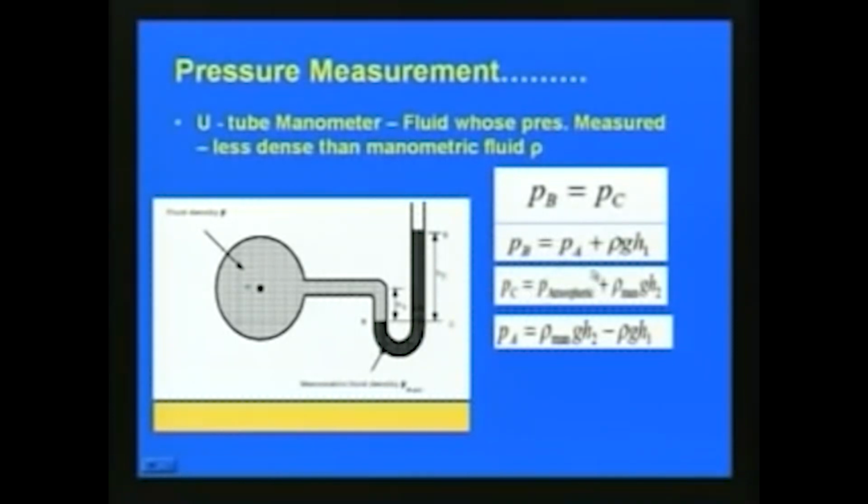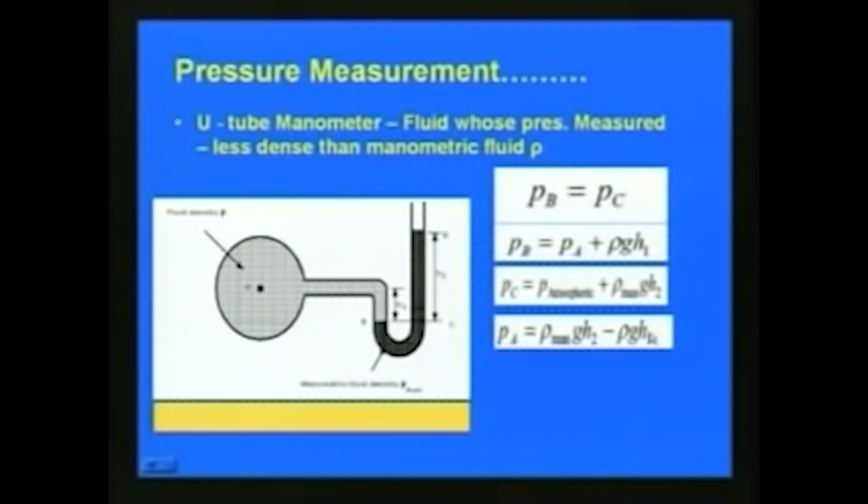If we assume P atmospheric is equal to 0, then we get the pressure equal to the density of the manometer liquid multiplied by g, the acceleration due to gravity, and this depth H2 which we measured, minus rho, the density of the fluid in the pipe, into g multiplied by this depth H1. So, this gives the pressure at point A: Pa is equal to rho manometer g H2 minus rho g H1.